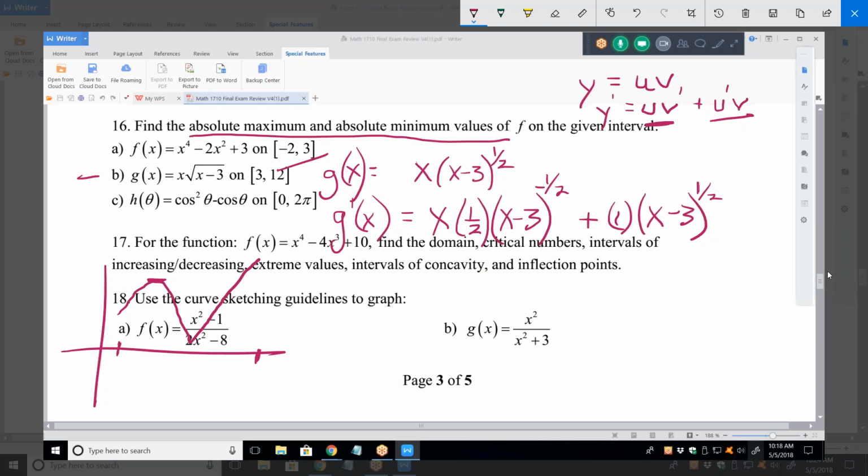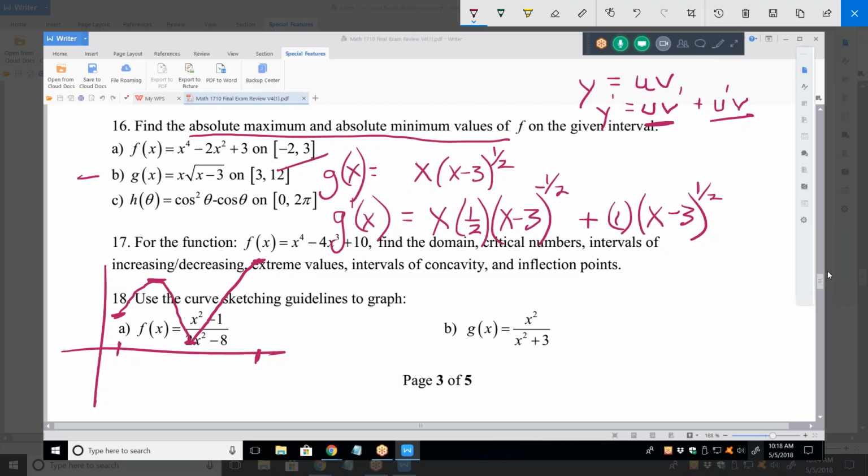I have to check this point, not because I have a 0 slope, but because it's not defined there. You can't differentiate that point. It's a cusp or a corner is what they call it. And I have to check this point here, and I have to check this point there.